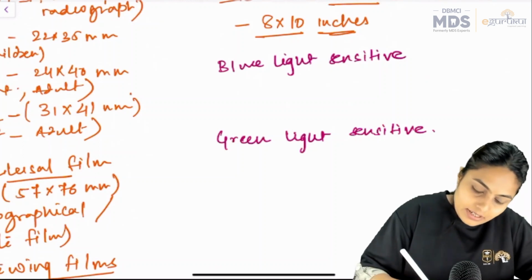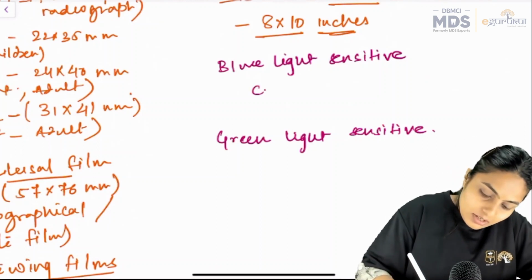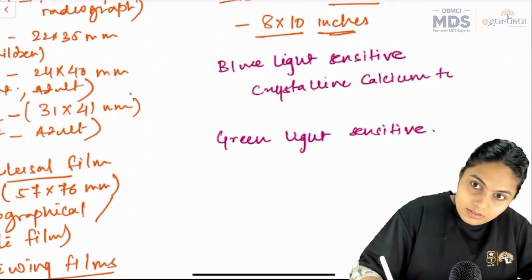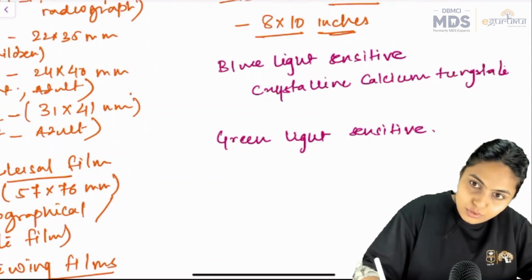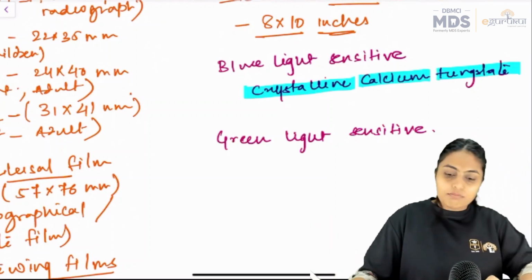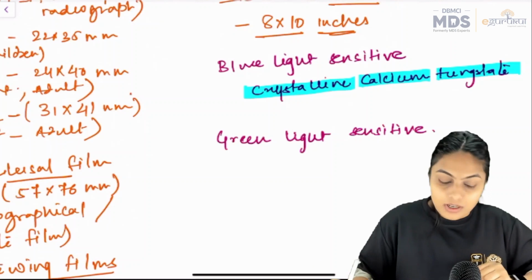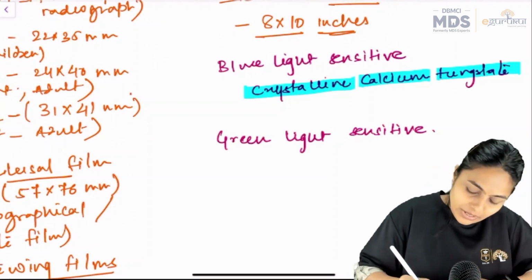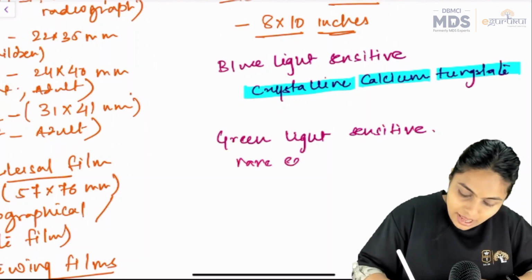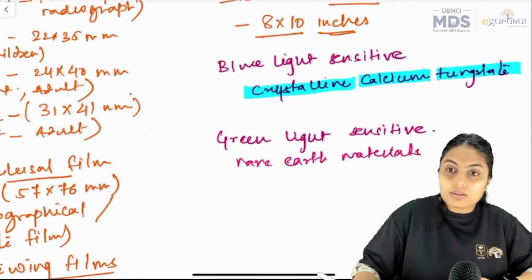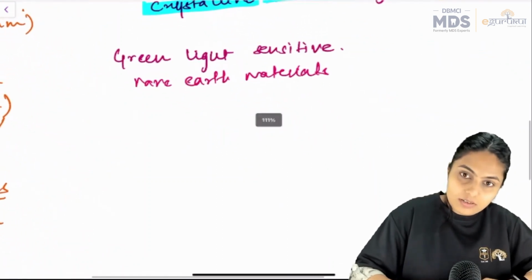Now for blue light sensitive, the material used is crystalline calcium tungstate. So this is the material used for blue light sensitive screen film. Next is green light sensitive, and the material used in this is rare earth materials. And what are those materials?